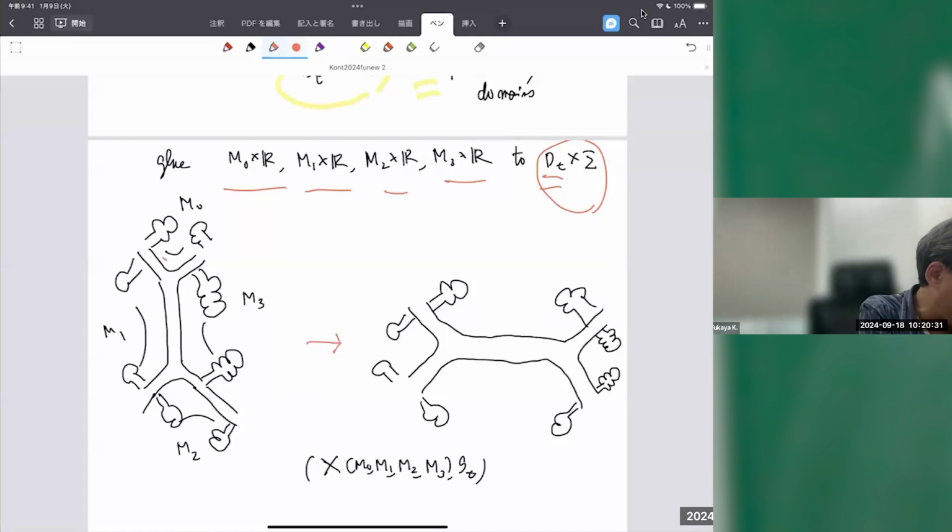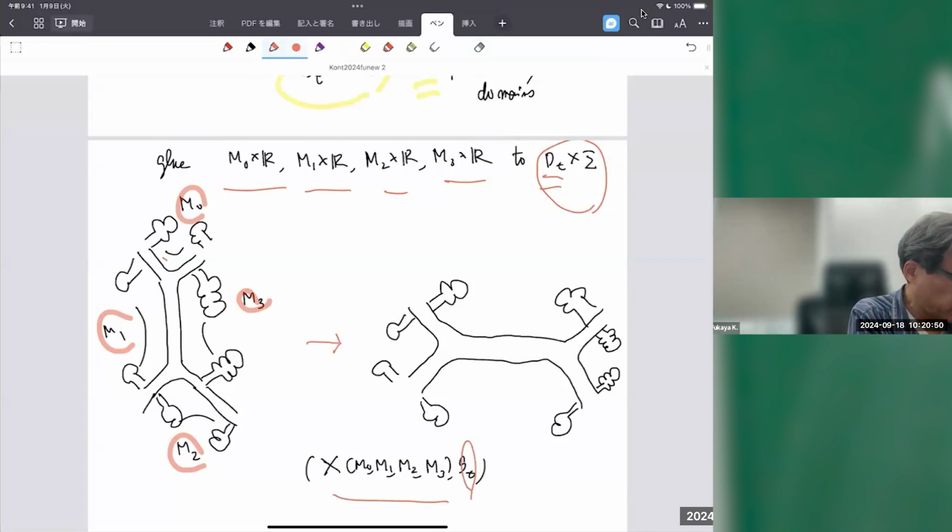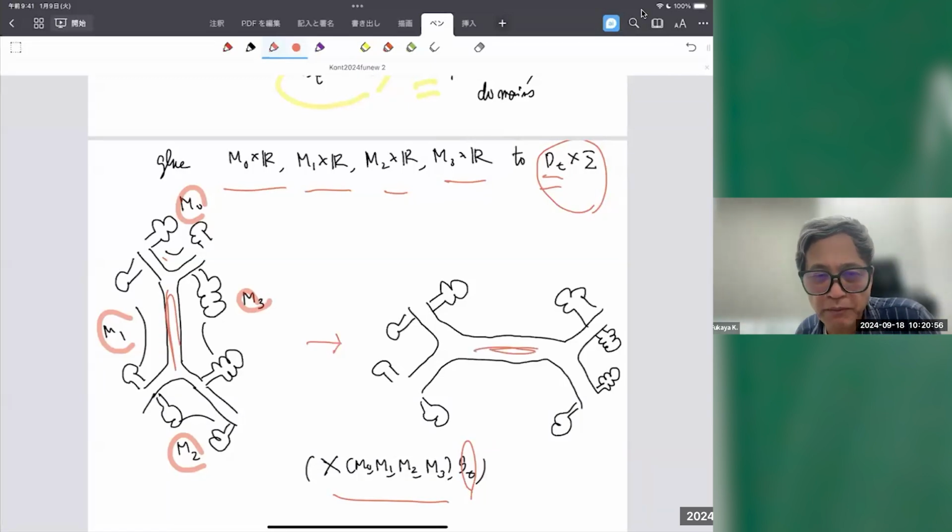At the beginning, M0 cross R is here, then M1 cross R is here, M2 cross R is here, M3 cross R is here. These are actually diffeomorphic to each other, but your Riemannian metric depends on this t. First this part becomes longer, and then finally this horizontal part gets longer. So we have a one parameter family of Riemannian manifolds.